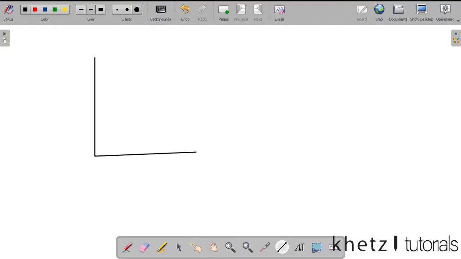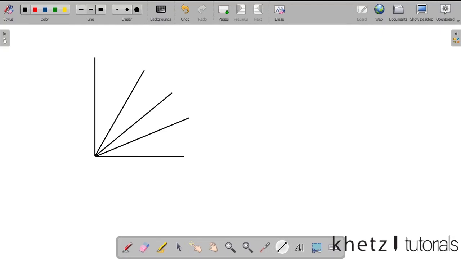That isn't straight again, so let's try that. Okay, that's much better. Then you're going to have a line there. This is not drawn to scale, please note. But I hope you understand what I'm trying to talk about.